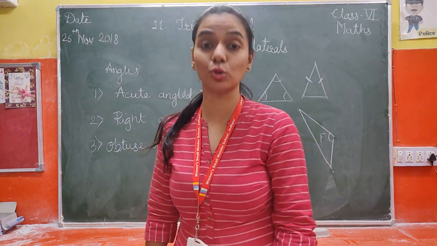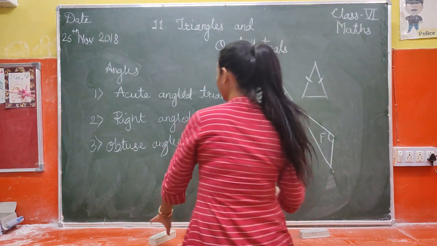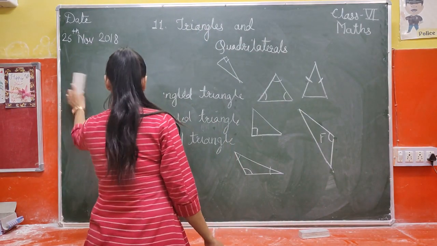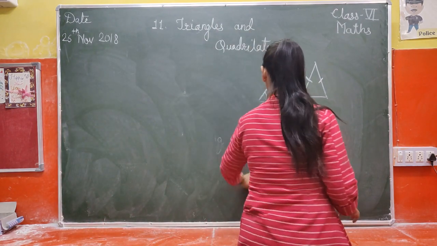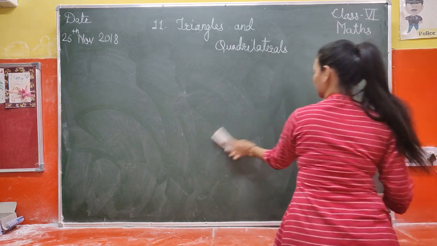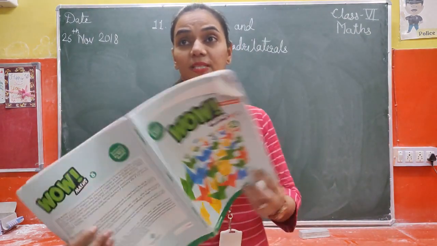Now let us see question number 2. ABCD is correct. So let me erase it so that we can discuss question number 2. Now what is question number 2? Let me see.